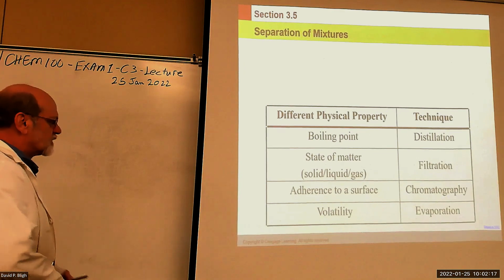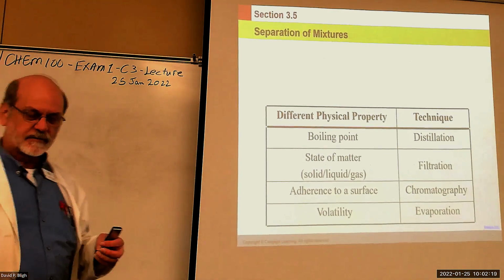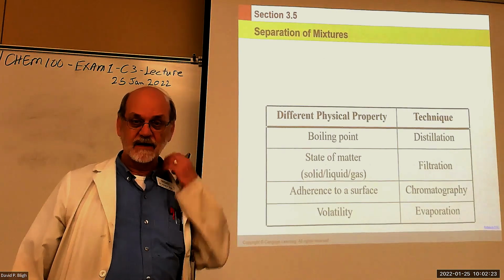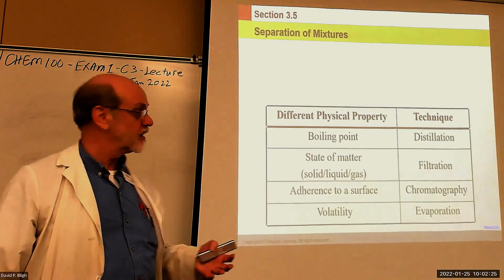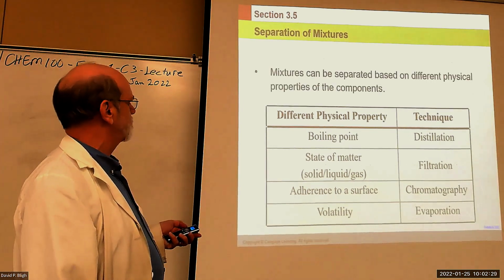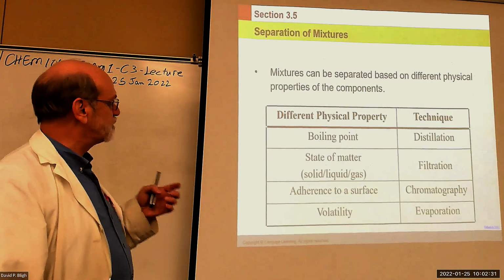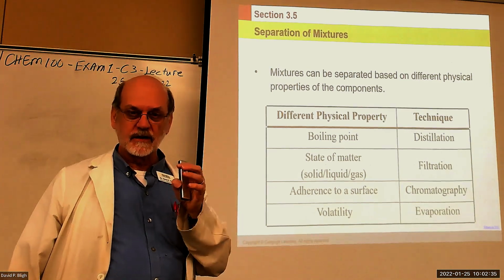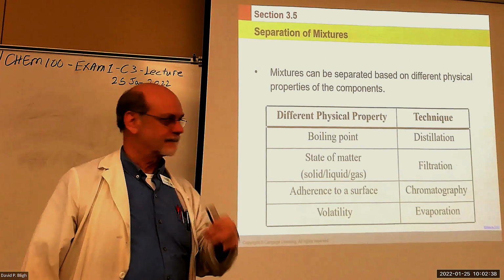Okay, so if we want to separate mixtures, we use physical means. And these are some of the possibilities for physical separation. Based upon the physical properties of each of the components of a mixture, they can be separated.